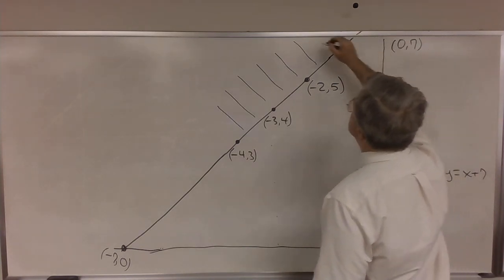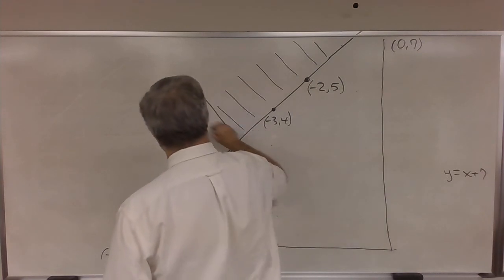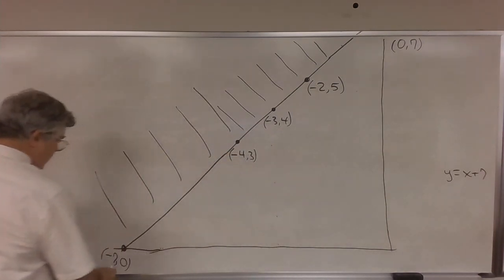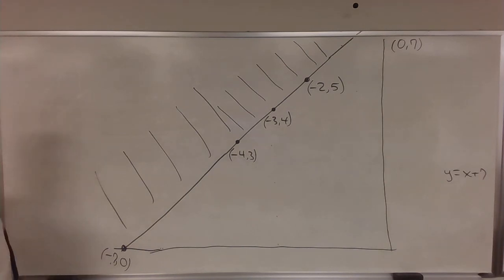That's the y-intercept. And the x-intercept is negative 7, 0.